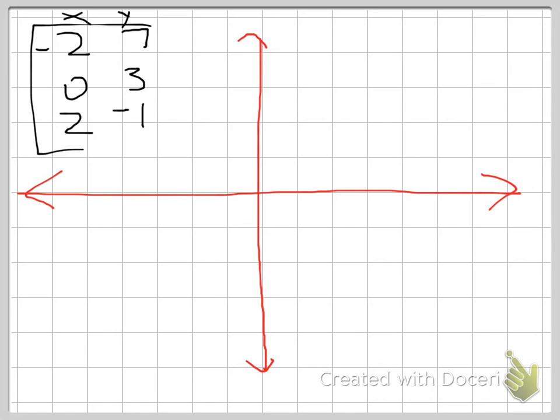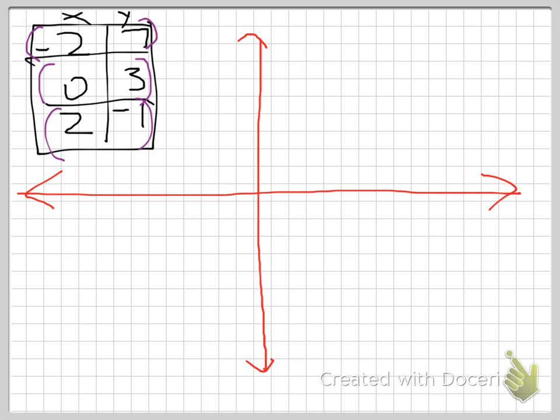Now we have ordered pairs that we can put on our graph. So if you think about -2, 7, 0, 3, and 2, -1 as ordered pairs, then we can put them on our graph. I see that my graph paper is too big, so I'm going to switch it to the medium one.